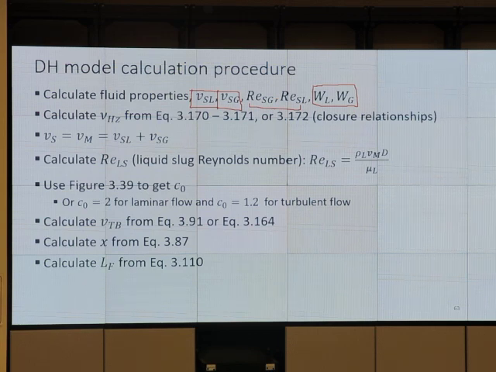After that, we need slug frequency from a closure relationship. This is a formula that we enter something in, then we get a result. That slug frequency is from a closure relationship. This means that it may not be correct.